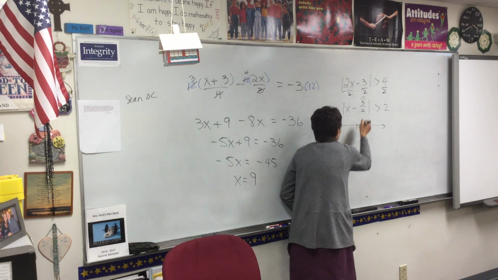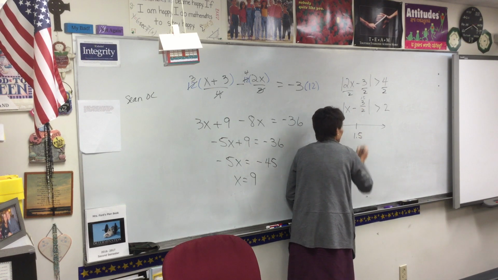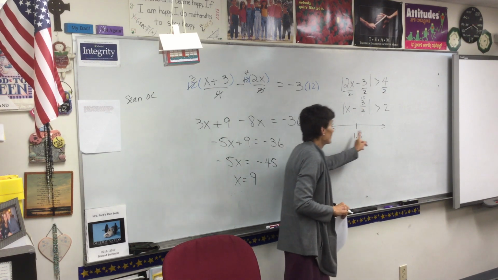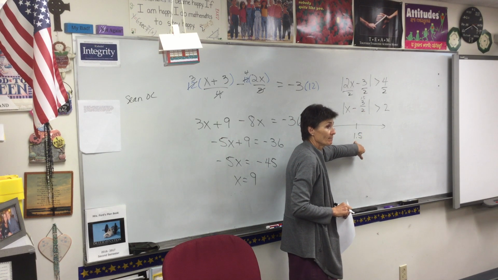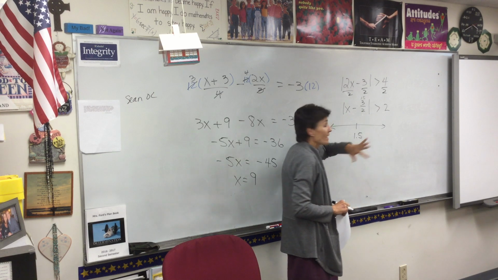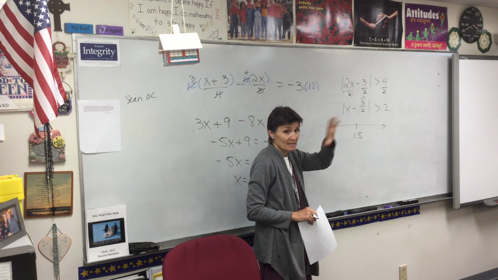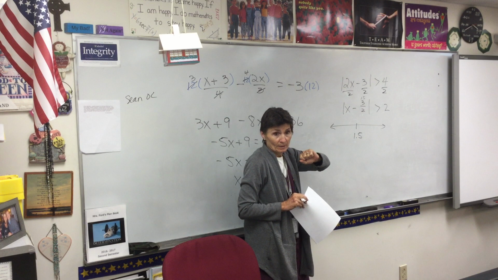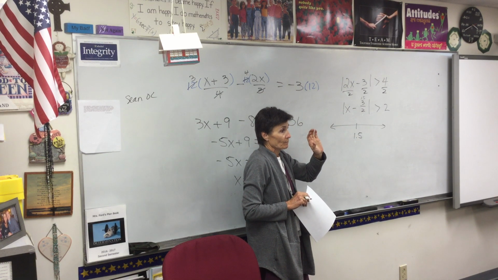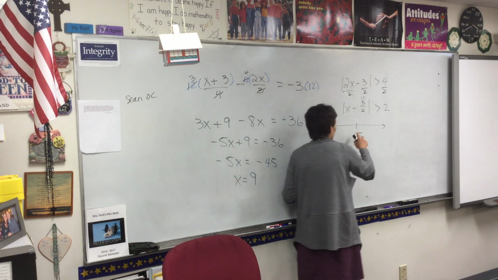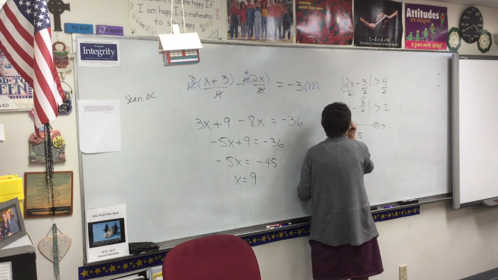And then the middle number, which is 1.5, goes in the middle of the number line. The opposite of that goes in the middle of the number line. But you can put it as a decimal. Again, you don't have to put it as a decimal. Do whatever's easiest for you. So if it's easier to use 3/2, use 3/2. And then we're going to have a dot on both sides.